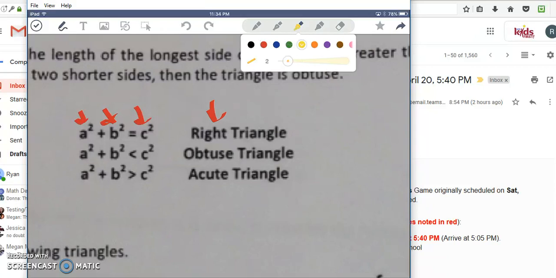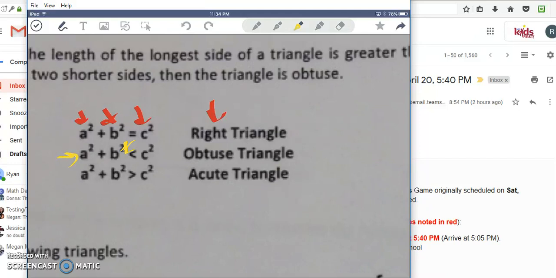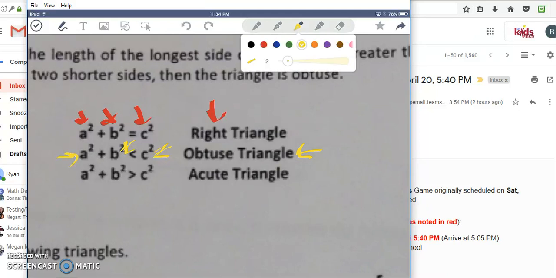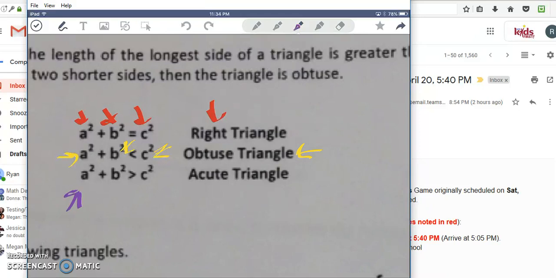If a squared plus b squared is less than c squared, you have an obtuse triangle. And if a squared plus b squared is greater than c squared, then you have an acute triangle. Okay, so you might have a few questions on that, so just be aware of those.